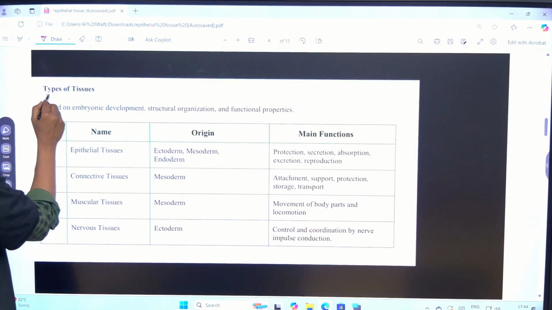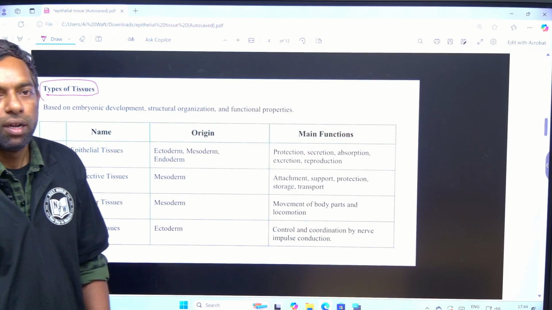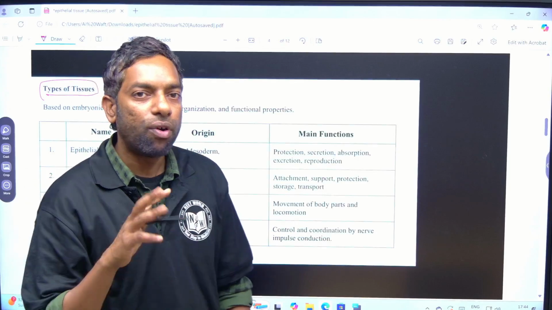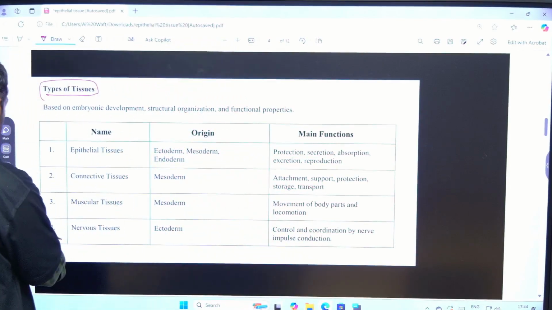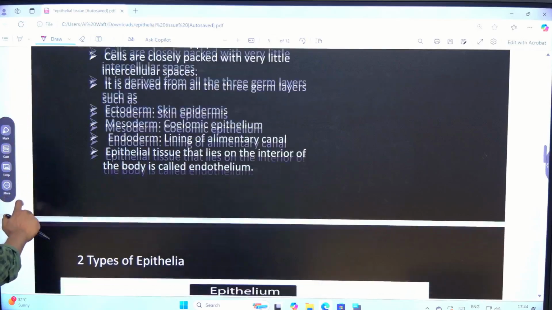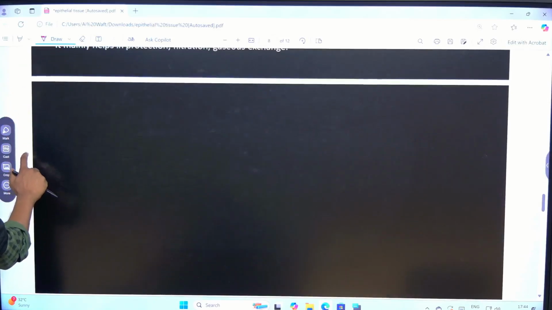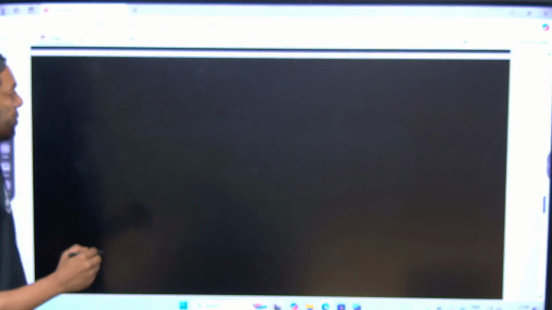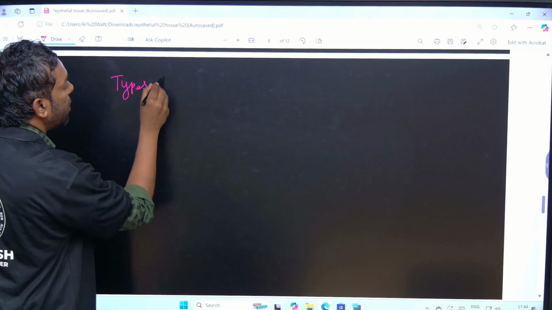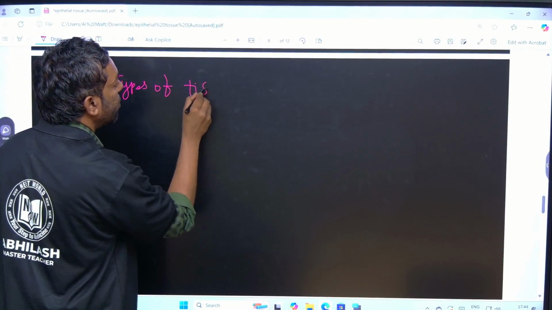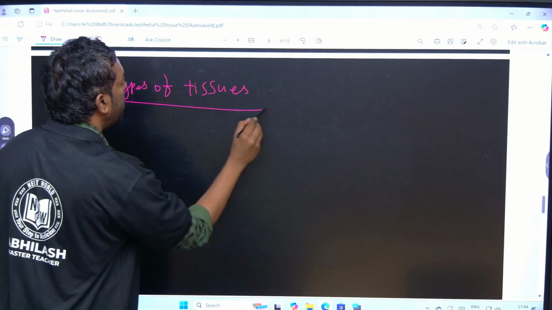Now, types of tissues. In the animal kingdom, there are mainly 4 types of tissues developed in the animals.